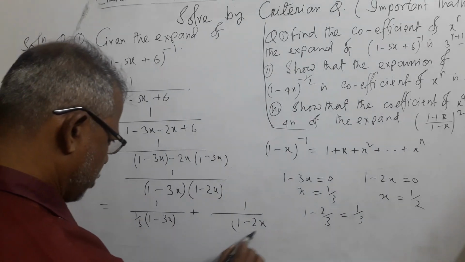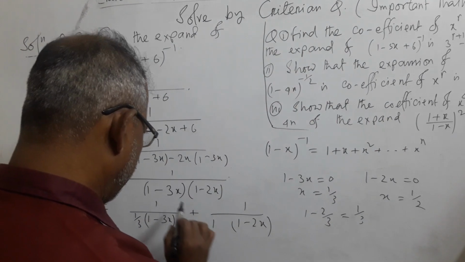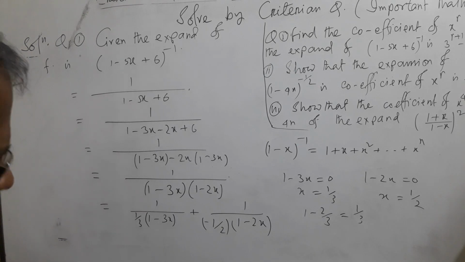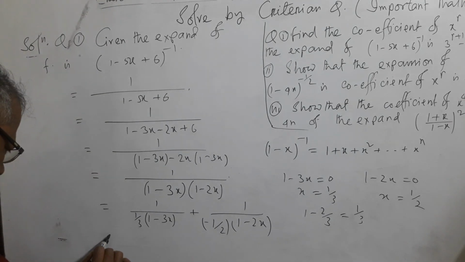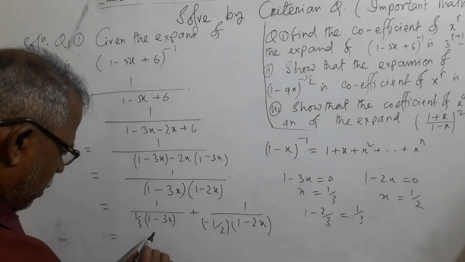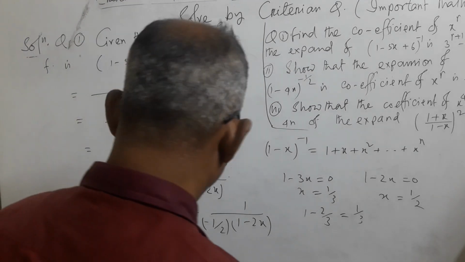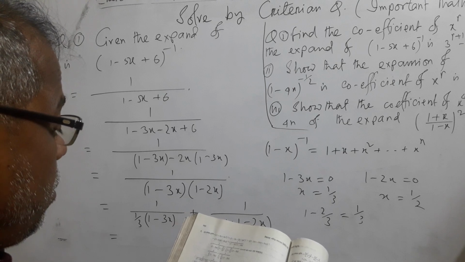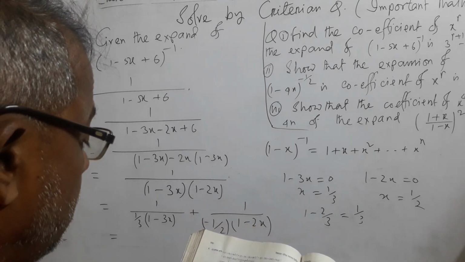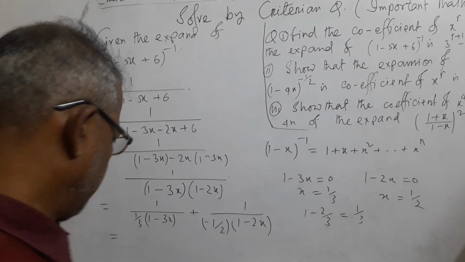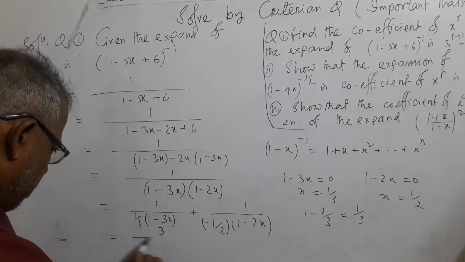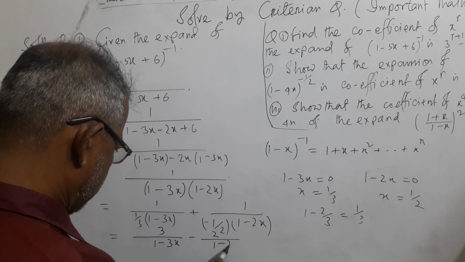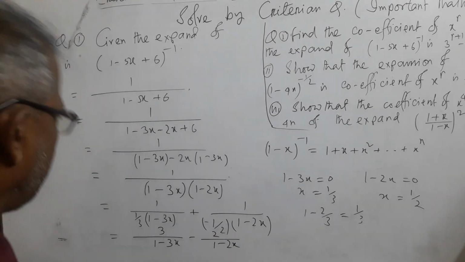So we get 3 divided by (1 minus 3x) minus 2 divided by (1 minus 2x), which is a partial fraction.